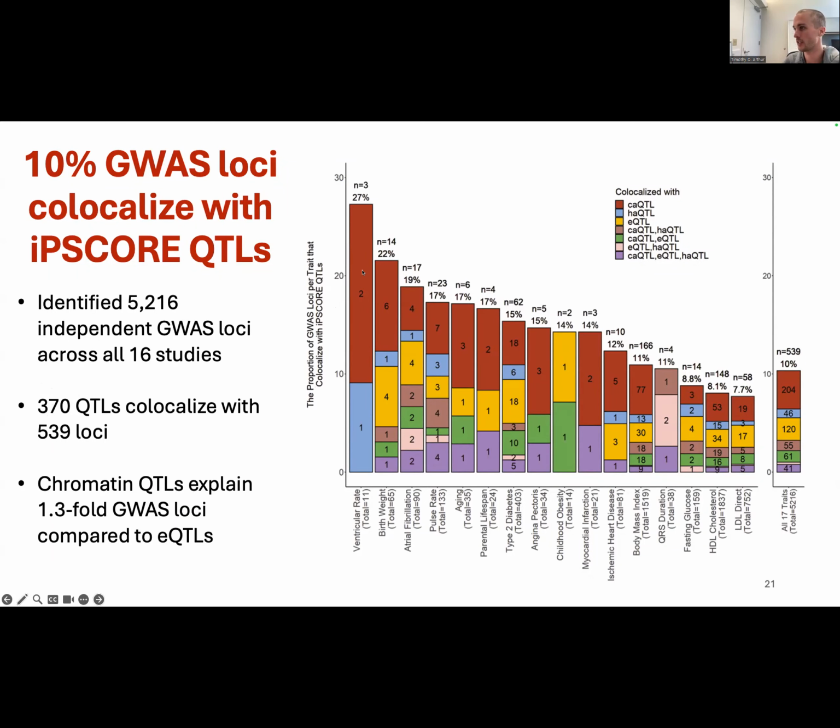You'll notice the large proportion of this graph that's taken up by red and light purple, which are representative of CA QTLs and HA QTLs that co-localize with the GWAS loci. Integrating chromatin QTLs can explain a lot more GWAS loci than compared to just eQTLs alone. So layering in multi-omic QTLs would explain some of those GWAS loci that are not annotated by affecting gene expression.